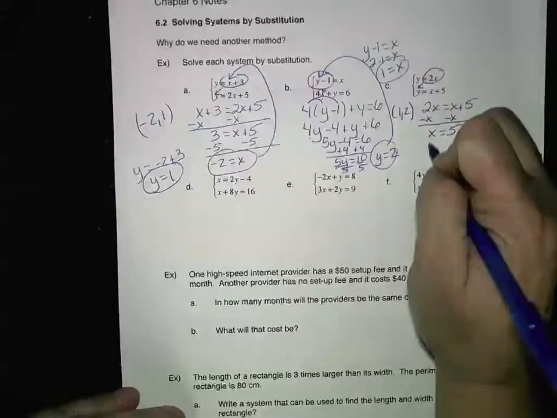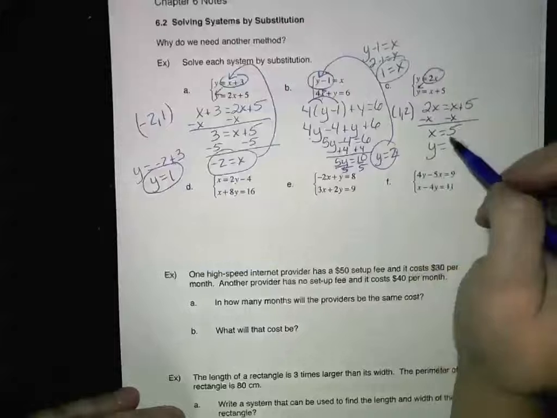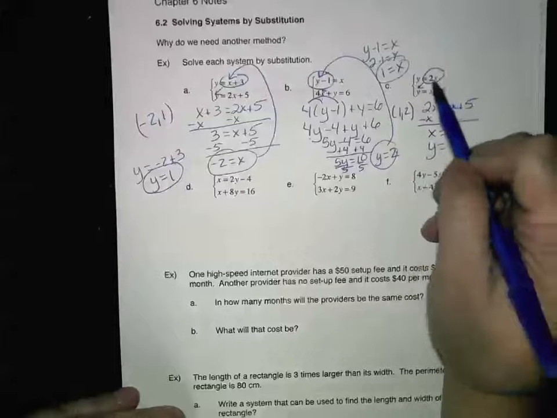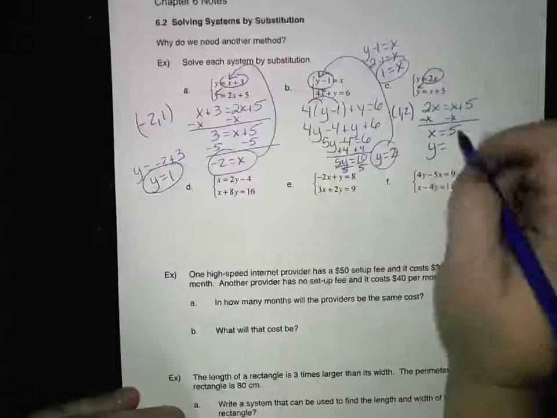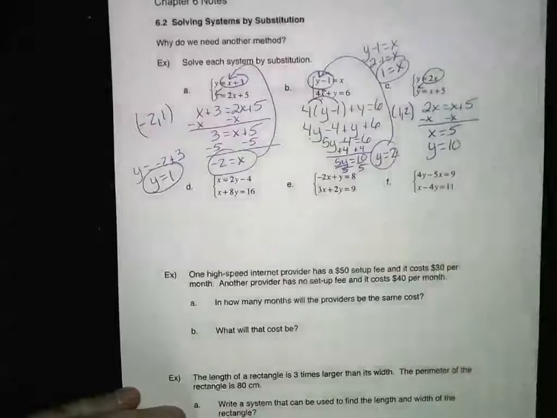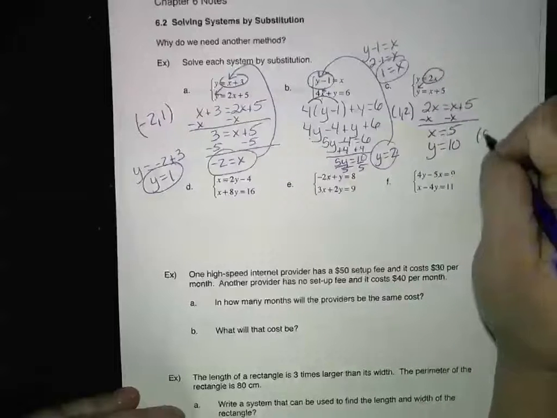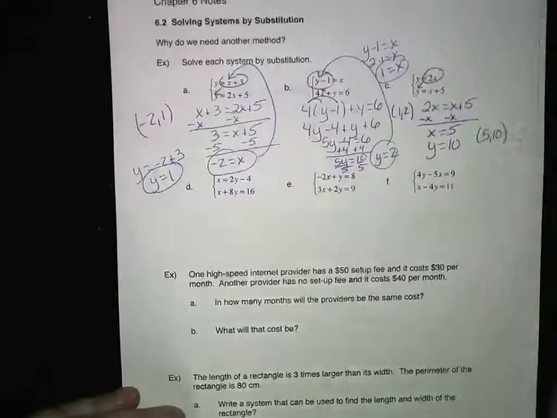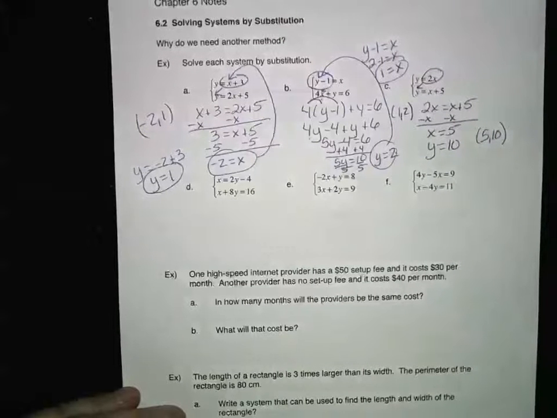And then substituting into either one of those two, I'm going to put in the top one. 2 times 5 is 10. And if you want to write it as an ordered pair, you would have the ordered pair 5, 10.